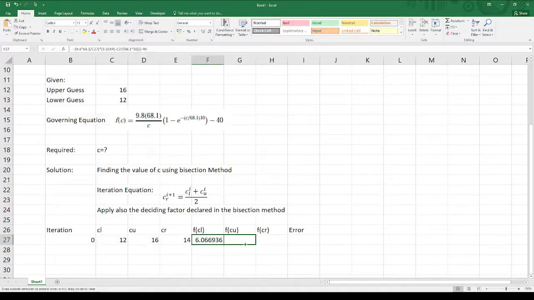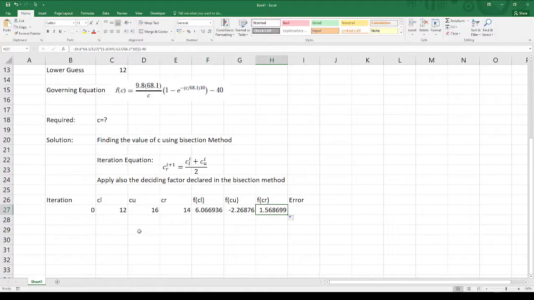So you can now evaluate. For the error, we can't calculate yet. So for the first iteration, we need to decide whether you need to replace the CL or the CU. How could we do it?